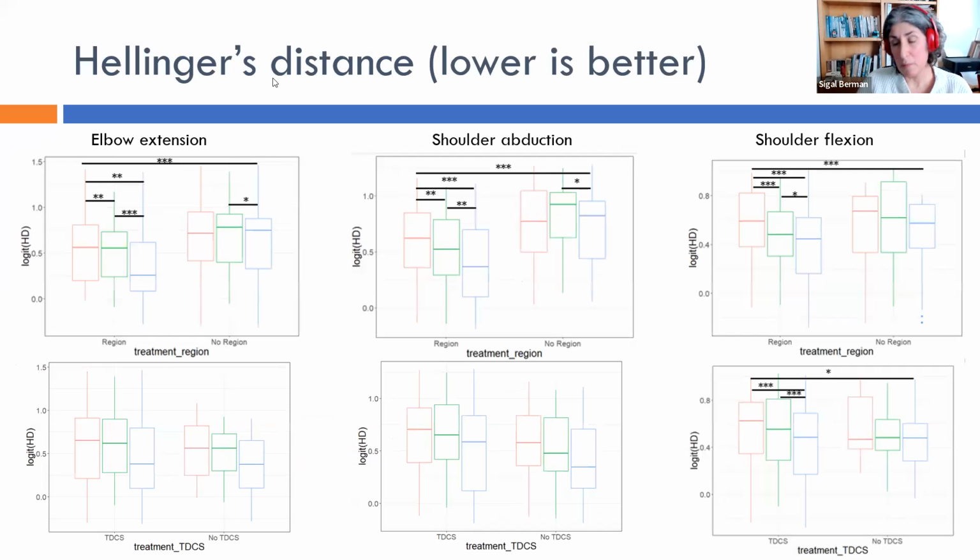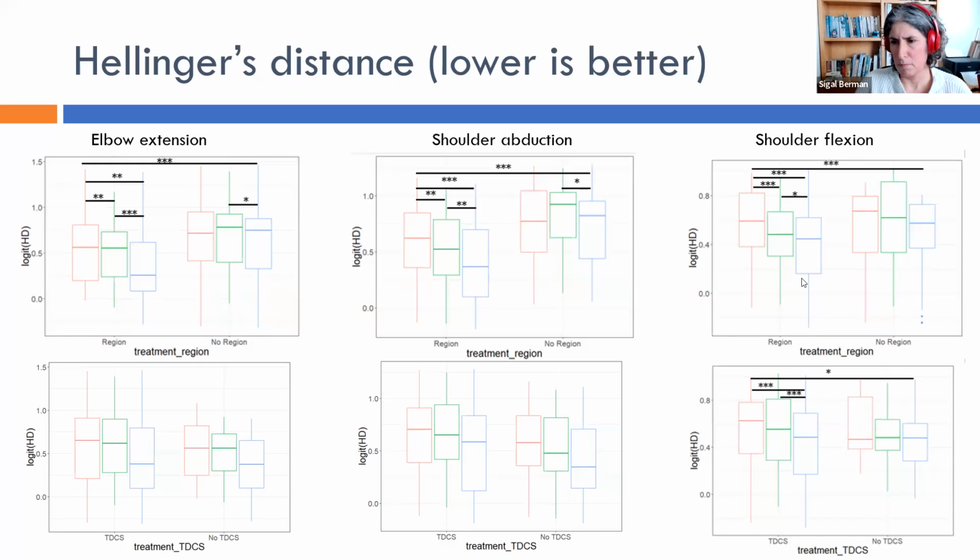And we can measure the distance. This is an example of Hellinger's distance, which shows the separability of the 2 models. And for Hellinger's distance, lower is better because you want to be similar to the control.